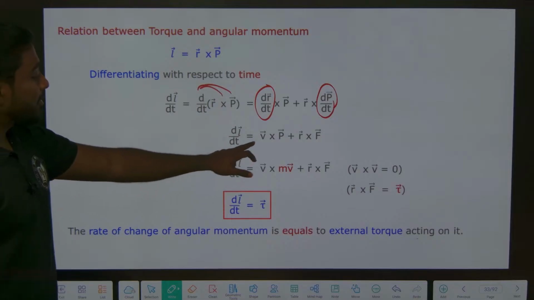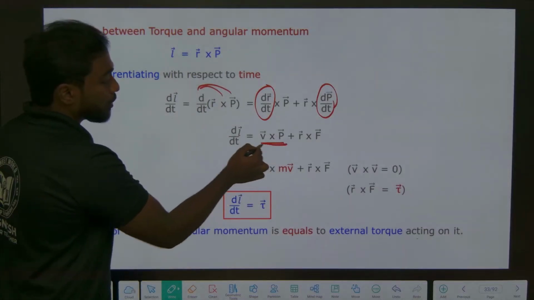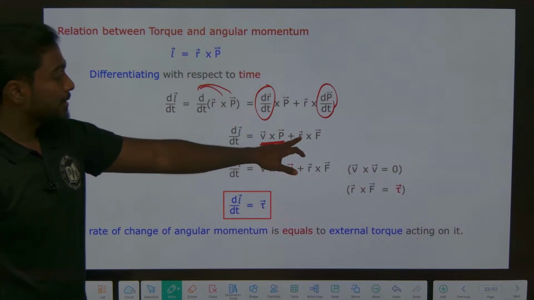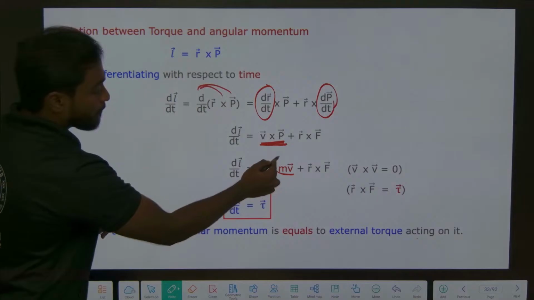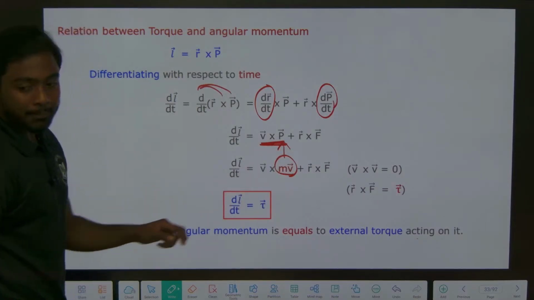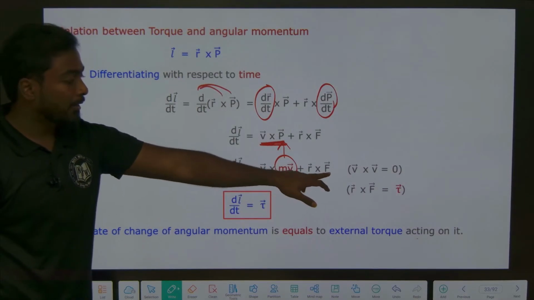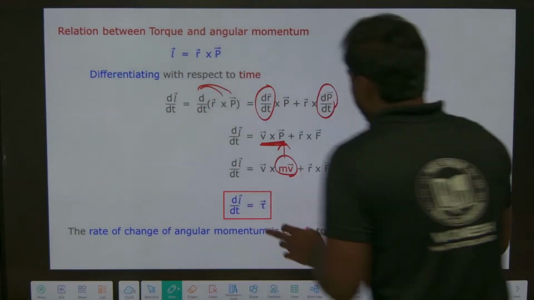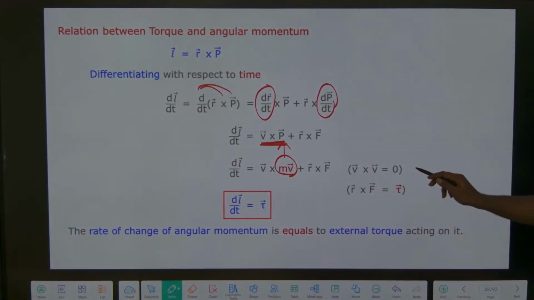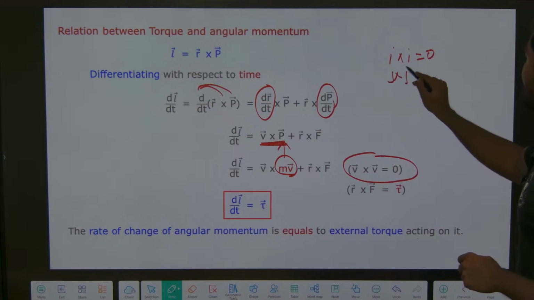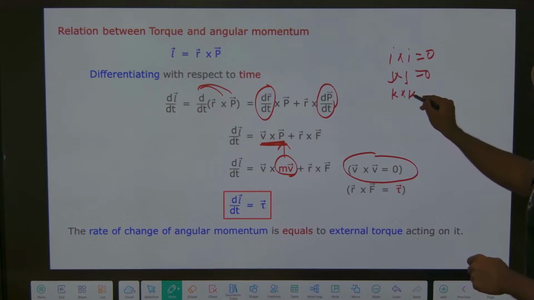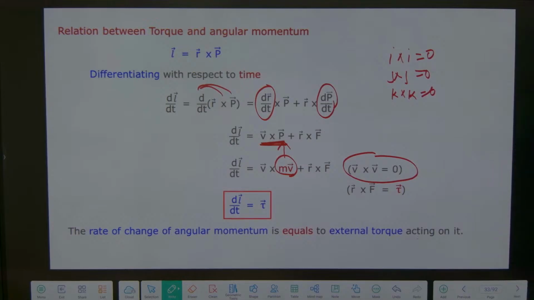So dL by dt is equal to v cross mv plus r cross F. Since v cross v is 0, just like i cross i equals 0, j cross j equals 0, k cross k equals 0, this total value becomes 0. And r cross F is nothing but the torque.